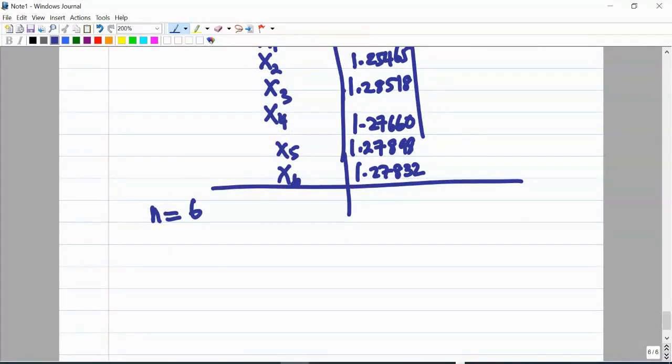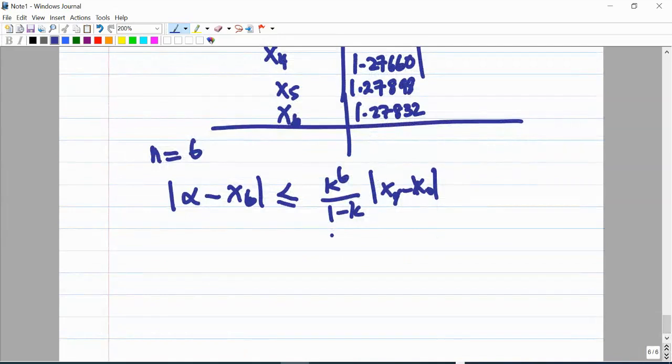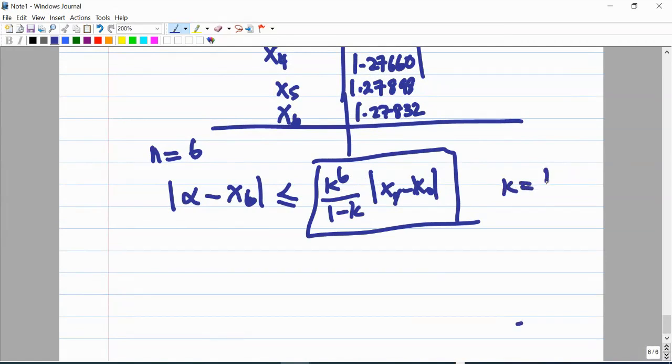So we want to determine the error bound of the approximation here. Remember, our error bound is alpha minus x6 is less than or equal to k to the power 6 over 1 minus k times the absolute value of x1 minus x naught. We are just computing this right hand side. We know k is 1 over e, and the absolute value of x1 minus x naught, we saw, is 1 over e as well.